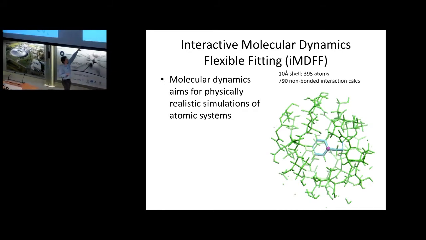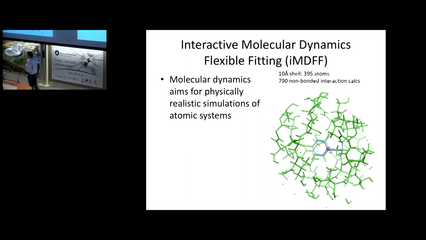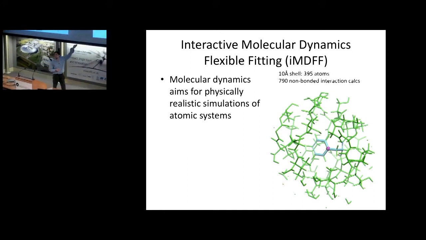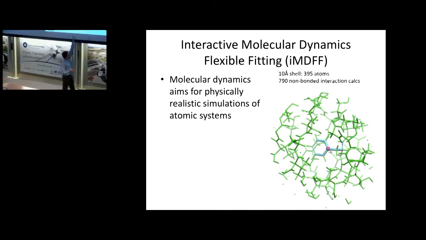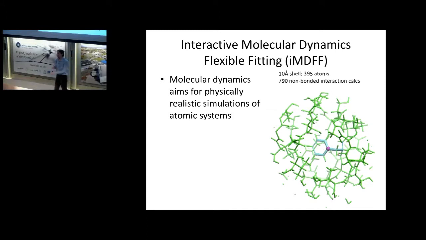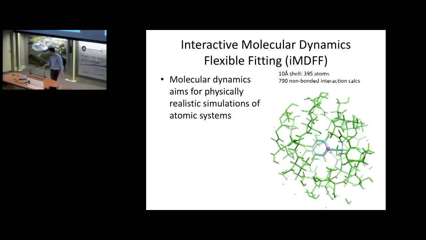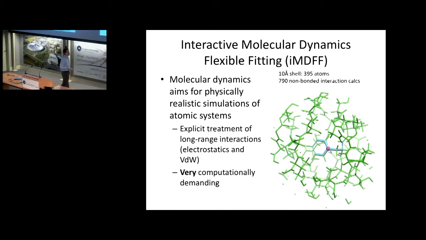It's exponentially bigger, because for a 10 angstrom shell of atoms, which is typically in the range of what you need to actually get a realistic picture of the electrostatics around this guy, now instead of 10 parameters, there's 790 non-bonded interactions with just this one atom. So yes, computationally, that's very, very expensive.